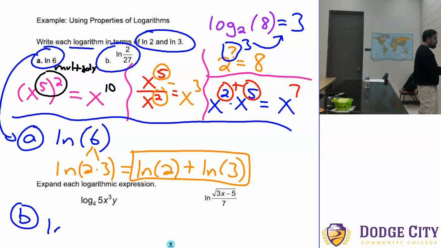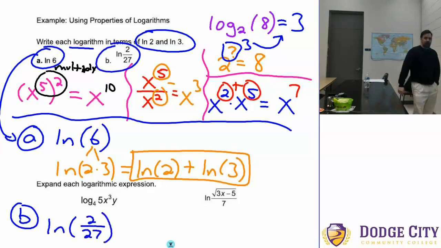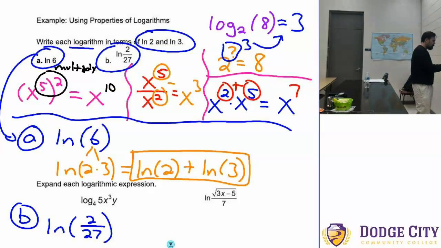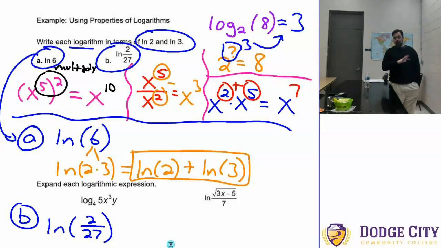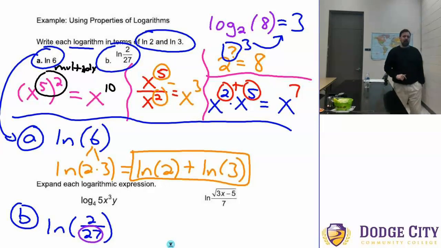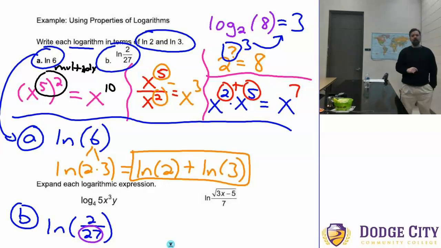We have the natural log of 2 over 27. Again, we want just 2's and 3's. That's what the directions tell us. We already have the 2 there, so that's fine. We can let the 2 slide. But the 27, we can't leave that as a 27. I only want 2's and 3's. So how can I rewrite 27 with a 3?